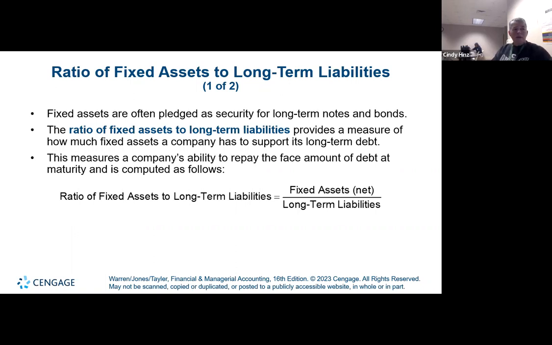So looking at our ratio of fixed assets to long-term liabilities, these of course are both going to be balance sheet measures. Our fixed assets would be the property, plant, and equipment. The fact that it says net means we're talking about after the accumulated depreciation. So the current value, and I don't mean market value, but the current carrying value of those fixed assets, divided by the long-term liabilities. When we talk about long-term liabilities, mostly we're talking about the content that we talked about in chapter 11, which is corporate bonds.